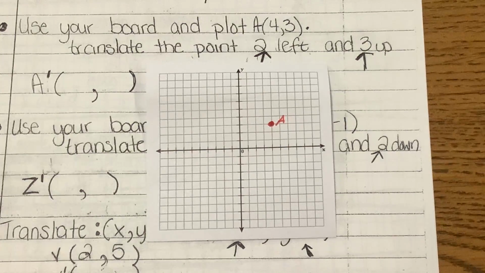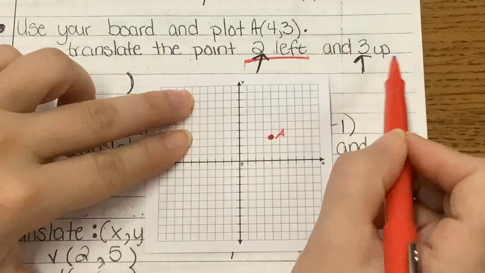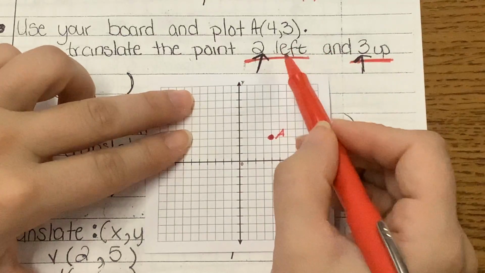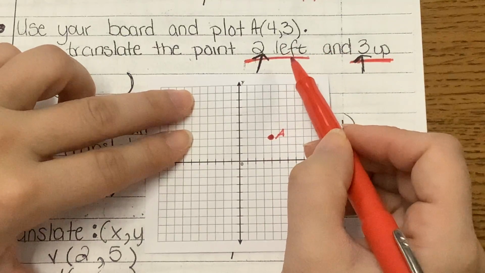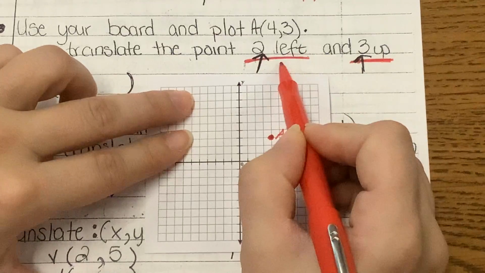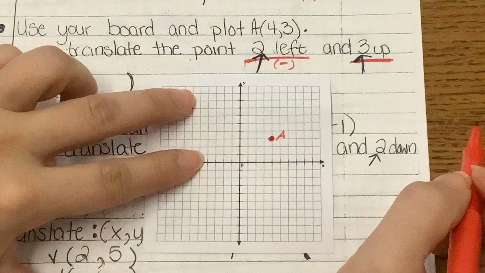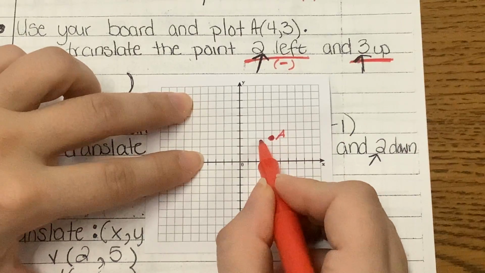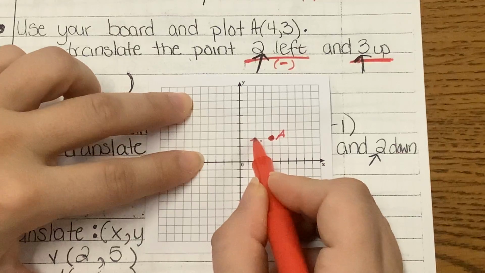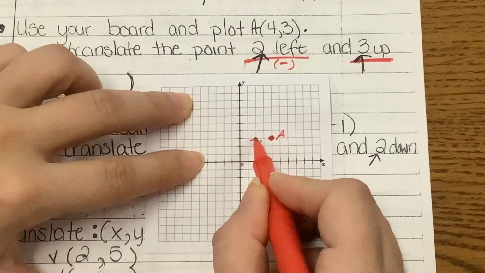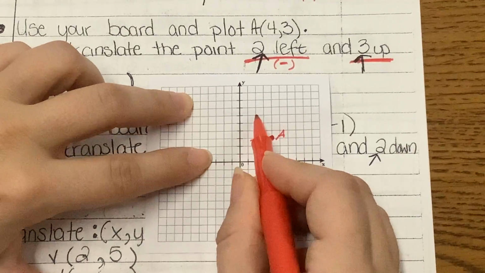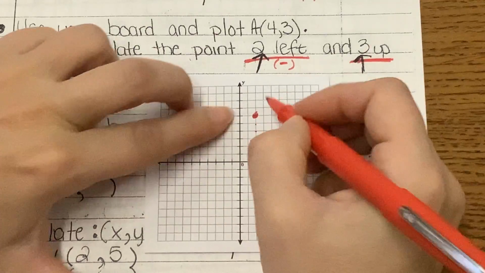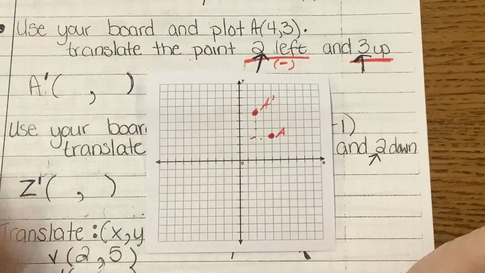Okay, and then it says to translate it 2 to the left and 3 up. If we're moving to the left, is that positive or a negative movement? That's a negative movement. So we're going 2 left, so just from that dot over 2. And then how far up? 1, 2, 3. And so that is ordered pair A prime.